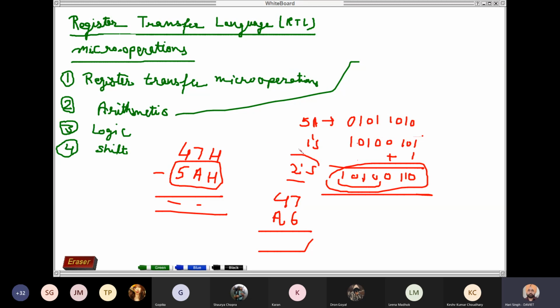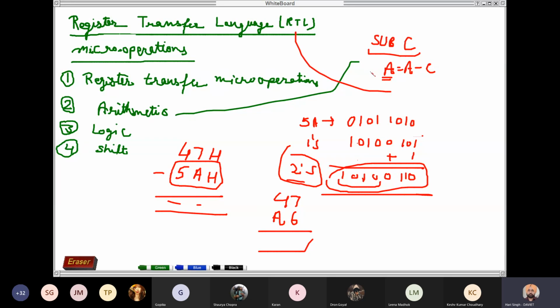So negative numbers we represent with the 2's complement method. Suppose we have to perform the operation subtract C. This instruction represents A equals A minus C. After subtracting C from A, the result is placed in A.